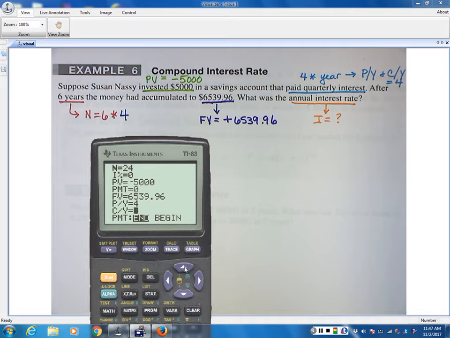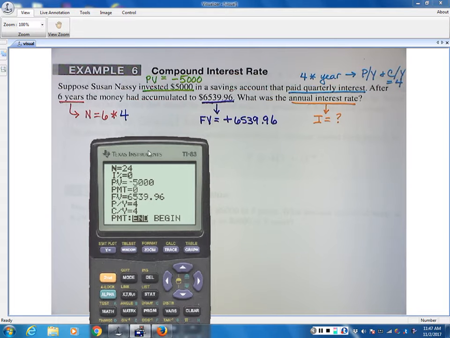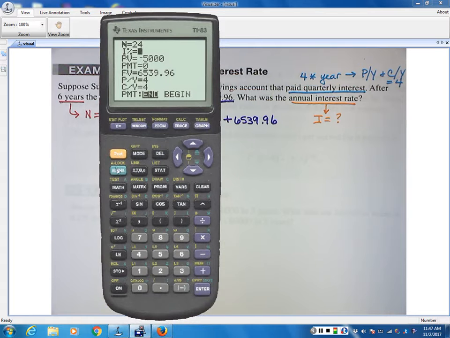per year is 4. Now, if I change that to 5, notice as soon as I move down, it changed C/Y to 5. So when you enter 4 it'll automatically adjust to make sure those are equal. They're always going to be equal. So then you take your cursor back up and you put it on the interest rate. And you hit alpha, enter, and it says the interest rate was 4.5.